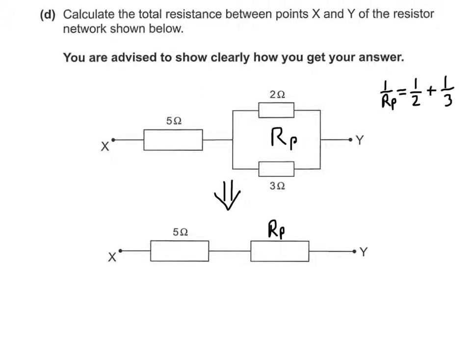So we start with our resistors in parallel equation, that 1 over Rp is going to be 1 over R2 plus 1 over R3. Taking a common denominator of 6, we get 3 plus 2 over 6. And that means that 1 over Rp is 5 over 6, which means that Rp will be 6 over 5.